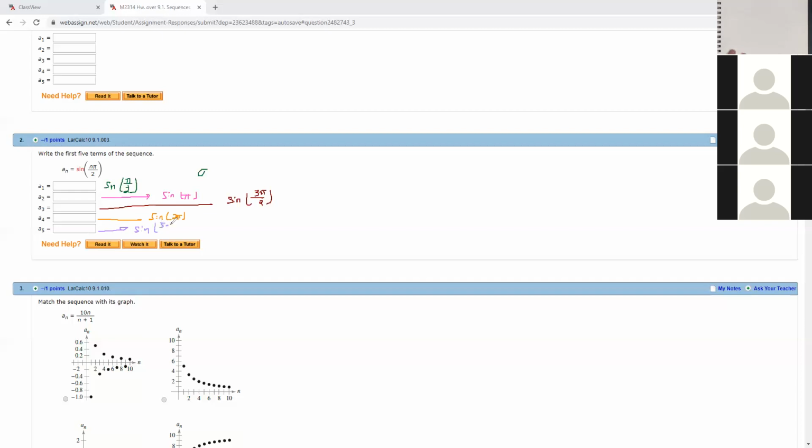But realize this is a sequence that would go on forever and ever. We could keep going here, but they just want us to fill in the first few terms. But I want us to keep in mind the more important topic here, which is not just writing down the actual terms of the sequence, but what the terms of this sequence are doing as you go on forever and ever. What kind of determinant value is it?